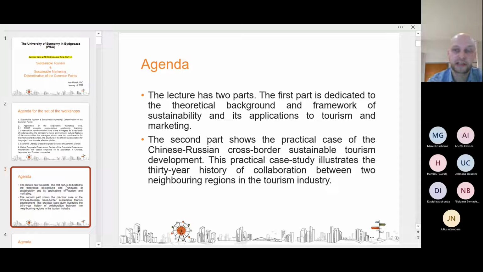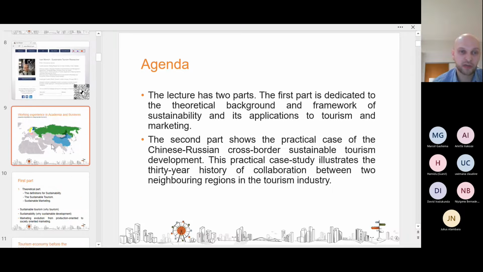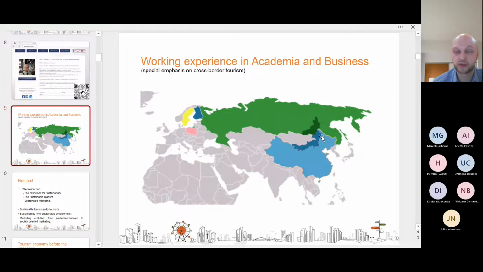This case study illustrates the 30-year history of collaboration between two neighboring regions in the tourism industry. We will talk about Northern Chinese Inner Mongolia, highlighted in dark blue, and the Transbaikal region, marked in dark green.